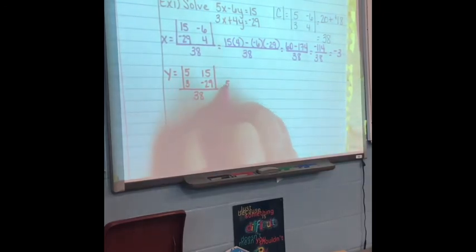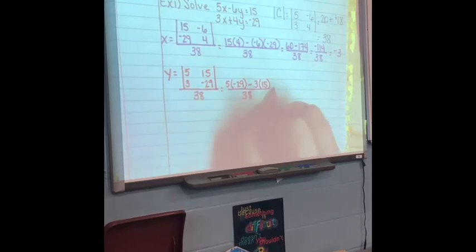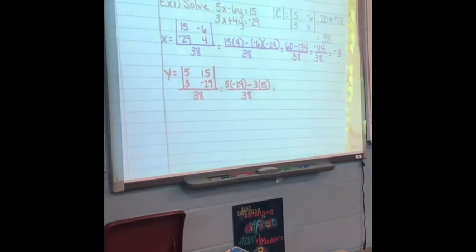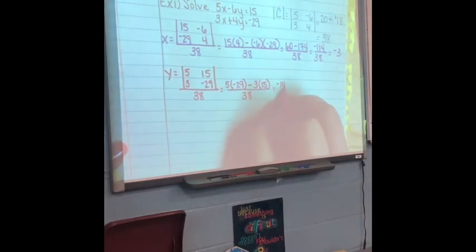So 5 times -29 and their difference minus 3 times 15, all divided by 38. So 5 times negative 29 is negative 145.